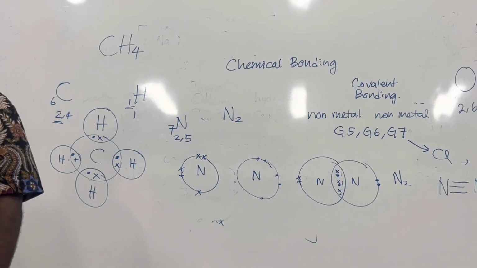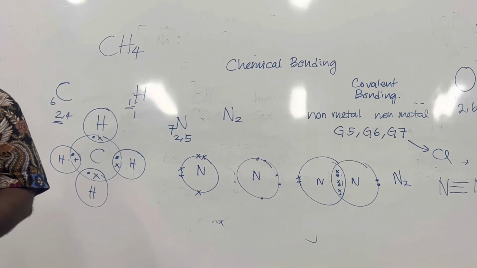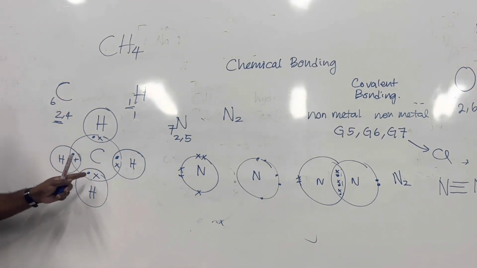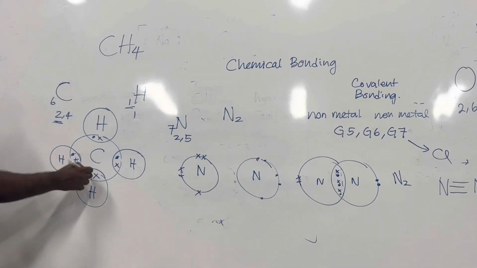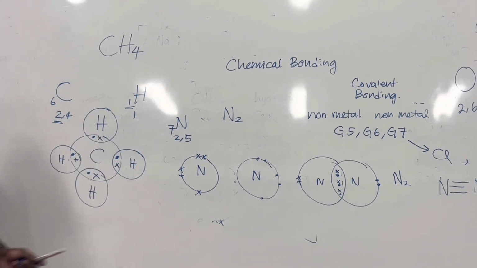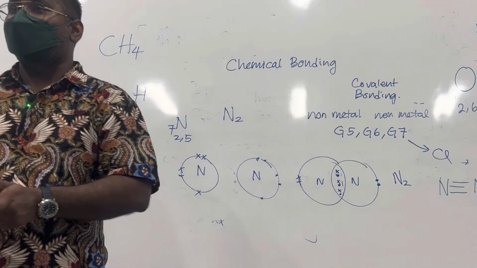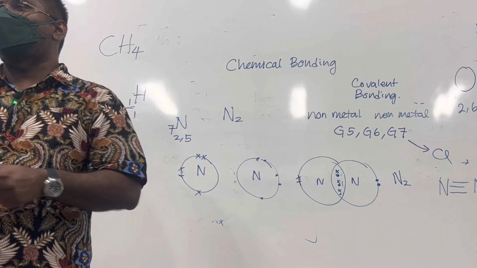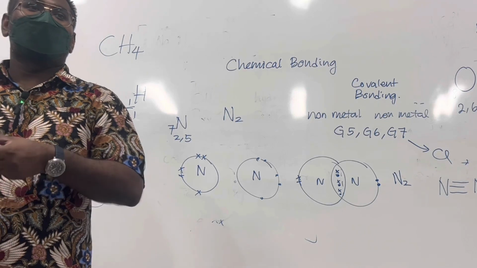This we call duplet, not octet. Just remember hydrogen just requires 2. Once you get this, for carbon, you count 1, 2, 3, 4, 5, 6, 7, 8. 8, done. So this is the explanation for group 4. Group 4 will be special.